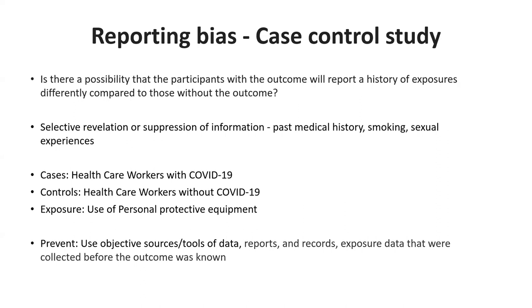So there could be a reporting bias here because this is self-reported use of personal protective equipment. You are not resorting to any objective tool to assess the use. So how to prevent this kind of reporting bias? You could use objective tools and sources. There could be some records, reports, or some kind of exposure data which would have been recorded before the disease occurred. These kinds of approaches could help prevent this kind of reporting bias.